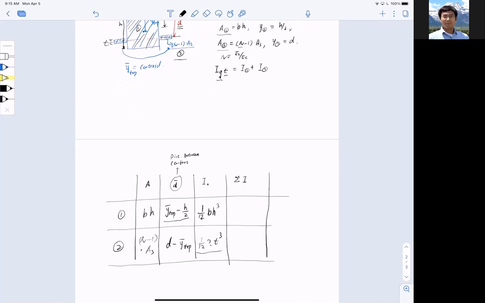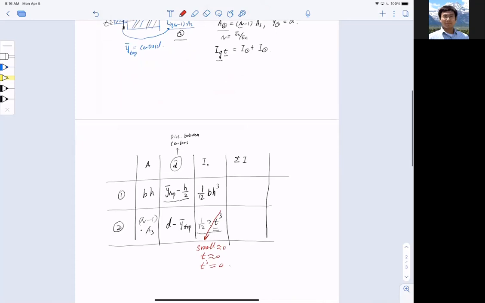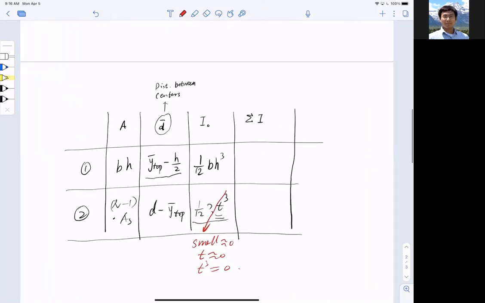What I will do is that I will notice the height of the strip is very small, because we can make it small to ensure that it stays at the same level of steel. If I do that, this becomes negligible, almost 0. Why is that? Because t is almost 0, so t to the power of 3 is almost 0. Okay, so this can simplify our process quite a bit. So now that is 0.